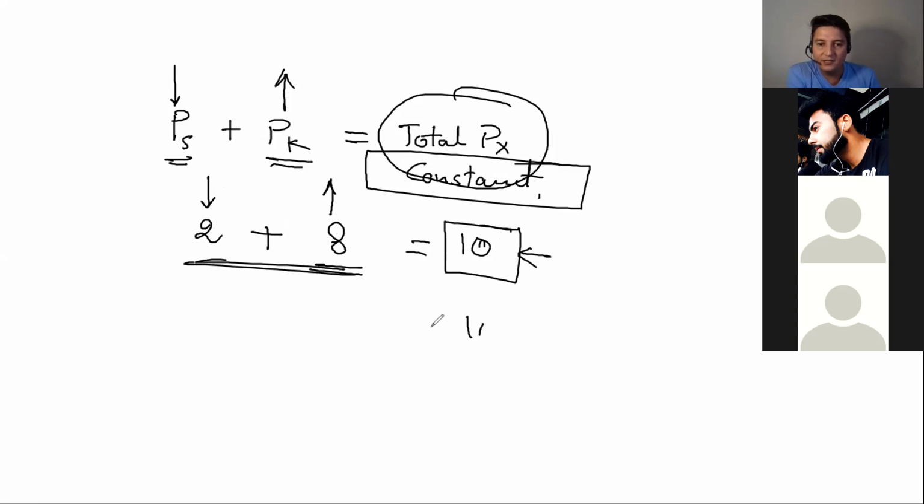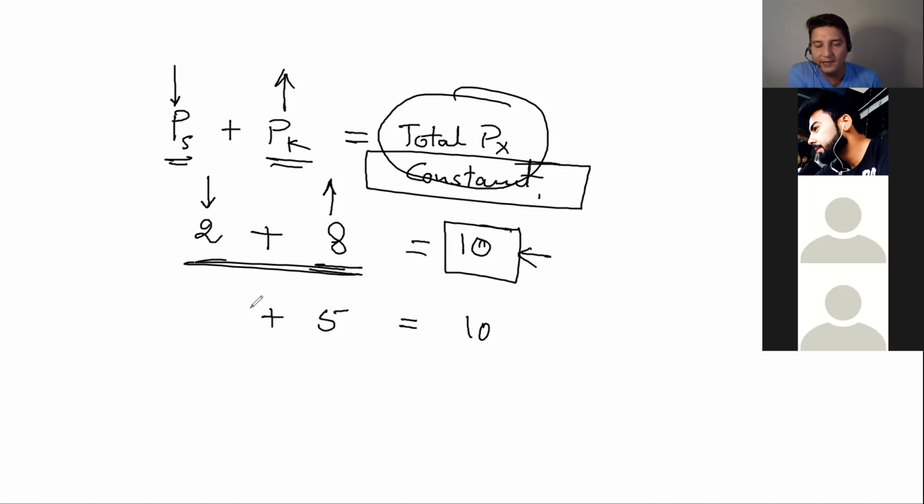Now, if this is constant and one pressure is 5, kinetic is 5. So Rohan, can you tell me what should be the static pressure? Can you hear me, Rohan? Maybe he cannot hear me.